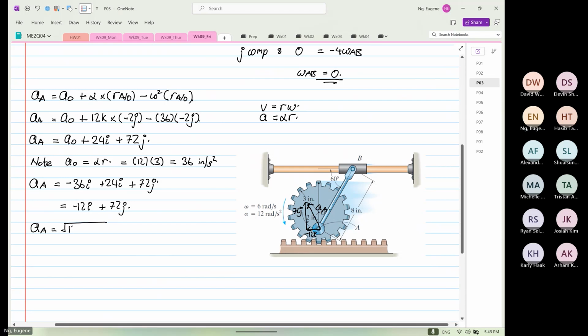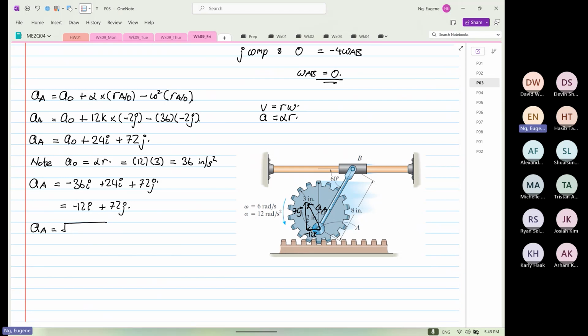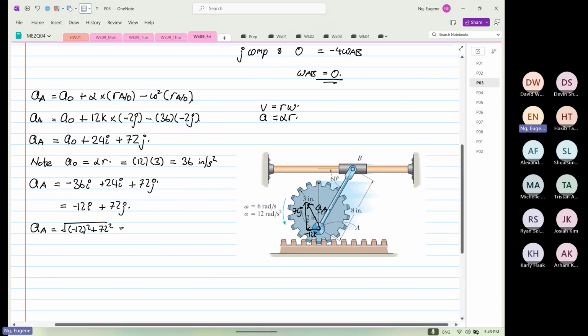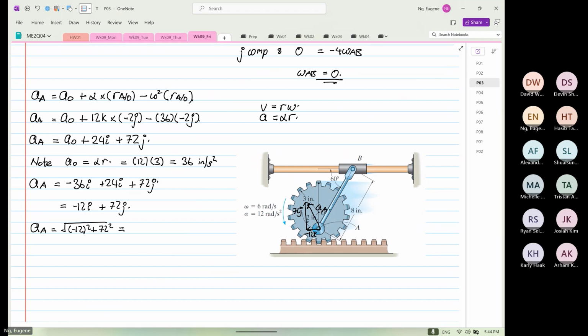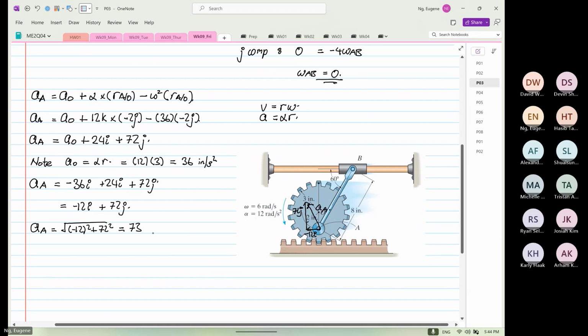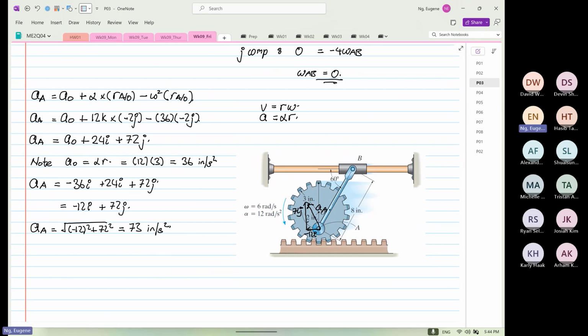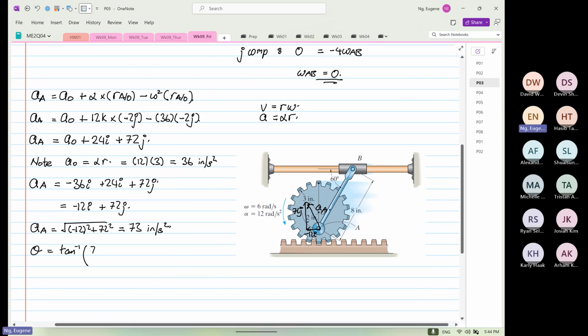It is equal to minus 12 squared plus 72 squared, square root, which is 73 inches per second squared, and the orientation theta is equal to inverse tangent of 72 divided by 12.